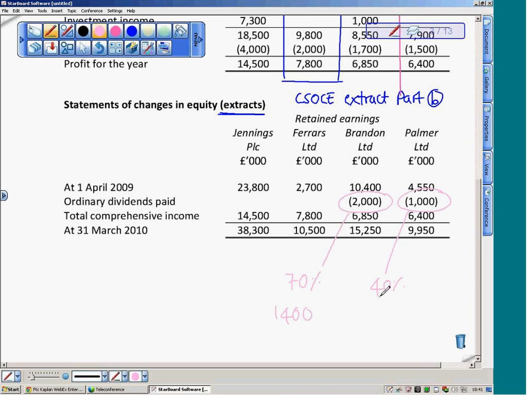And if I take the 40% of the 1,000, that's going to be 400. Okay. Now, what I want to do is, in my consolidation schedule, factor these numbers as a reduction to the investment income. Because from a group perspective, I don't want to be including the dividend that my subsidiary has given me, because that's intragroup. It's all about single entity concept.